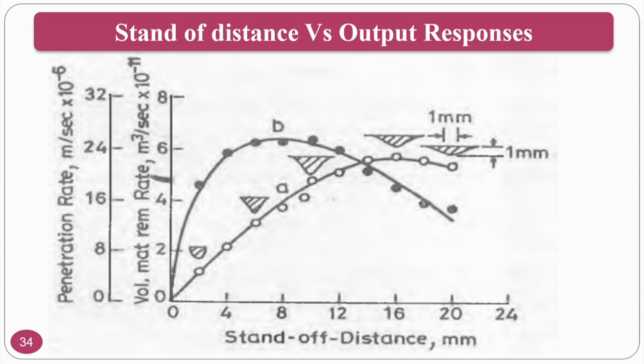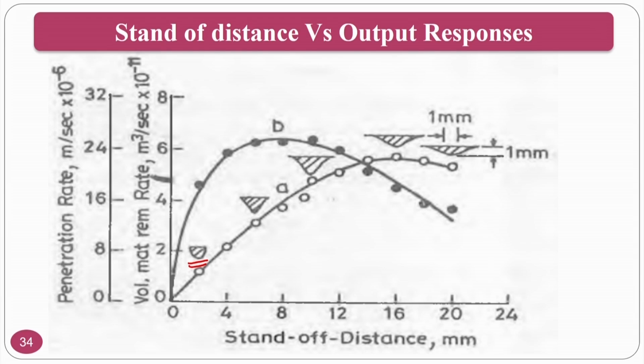If you see the stand-off distance with respect to volumetric material removal rate and the penetration rate: if the stand-off distance is too low, then normally the penetration rate is also somewhat low, but the penetration rate will slightly increase if you give sufficient space to the nozzle. If you give sufficient space to the nozzle, what will happen?